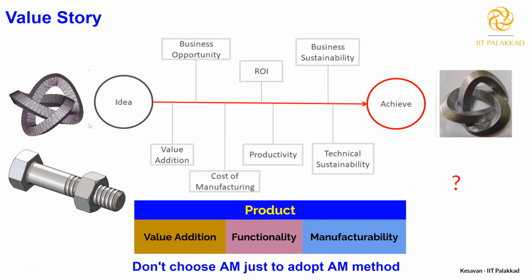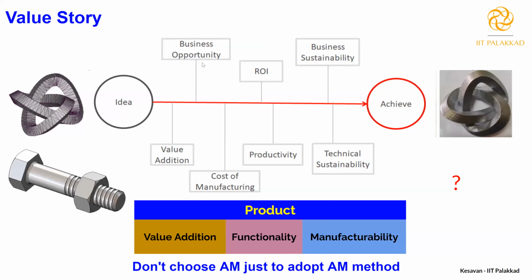Before you choose the manufacturing process, you need to answer these seven questions. First, what value does it add? Second, the cost of manufacturing, productivity, and technical sustainability. This is all from the manufacturing point of view. One can also look into the business opportunity.